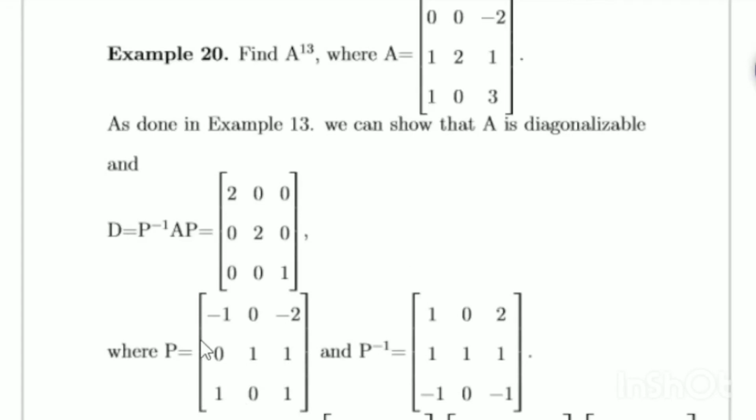We have P equal to the eigenvector matrix, and we find its inverse. For finding A raised to 13, A raised to 13 will be equal to P into the diagonal matrix D raised to 13 into P inverse.